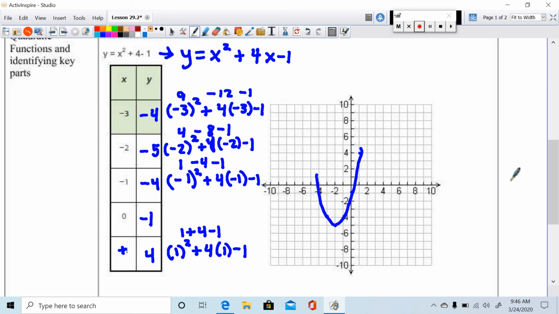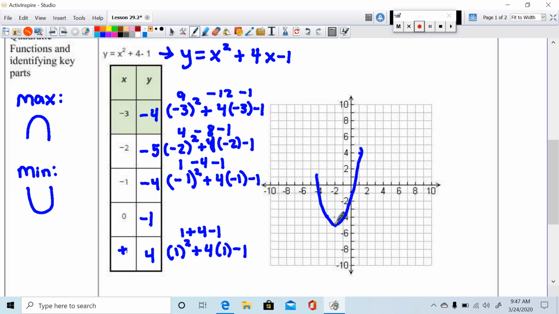Now it says after you graph it to tell what the minimum or maximum is. Well, here's how you tell. Maximum has a high point, so it's actually going to be an upside down parabola. Minimum has a low point, so it's going to be right side up, look like a smiley face.